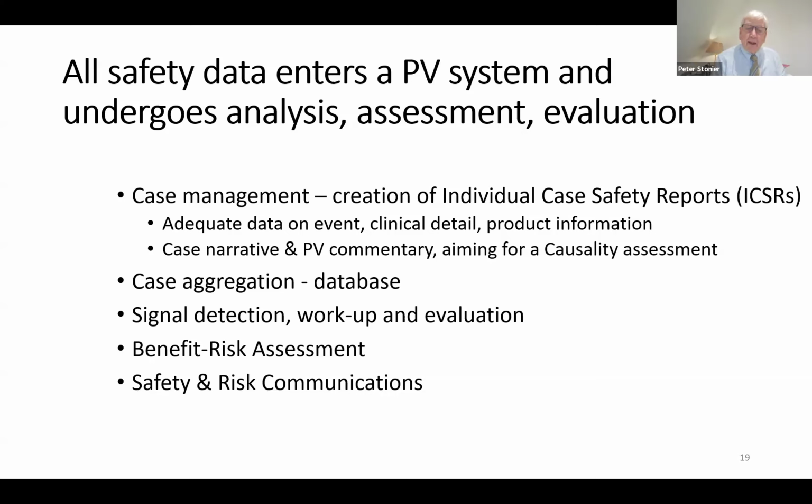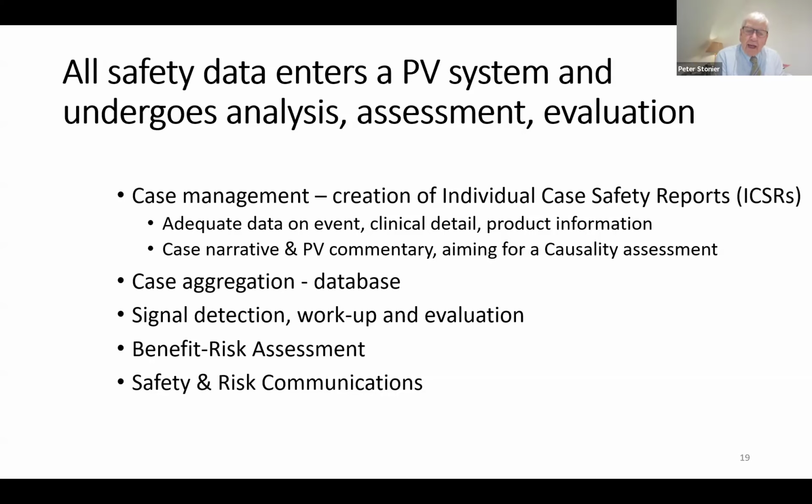So for a good case, you must have adequate data on the event, the clinical detail of the patient, and the product information. You must then create, from as full information as you can possibly get, the case narrative and the pharmacovigilance commentary, aiming always for a causality assessment of the case.